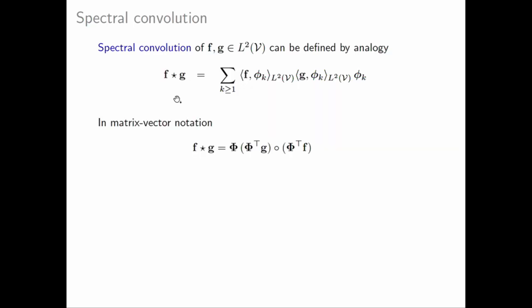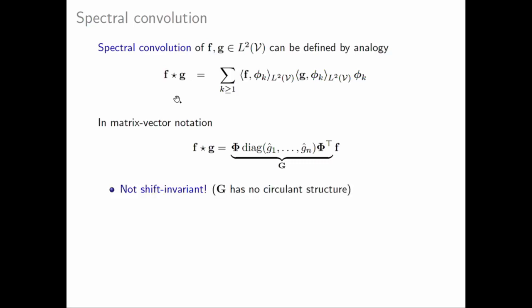In matrix-vector notation, this corresponds to taking the function f, going into the Fourier domain, multiplying every frequency independently, and then going back. This looks all nice and simple, but of course reality is not as nice as in the Euclidean domain, because this matrix G is not as beautiful: it doesn't have this circulant structure.